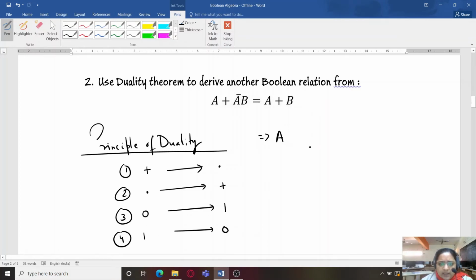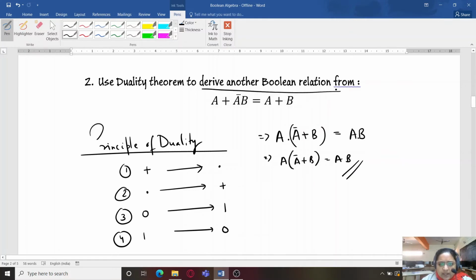So A, and then the plus can be changed into a dot, then A', and between A' and B there is an AND operation, so it will be changed to an OR operation, equals AB. So we can write it like this: A.(A' + B) = AB. So this is the answer. We don't have to derive it over here because we only have to write another Boolean expression, which is the dual of this expression.